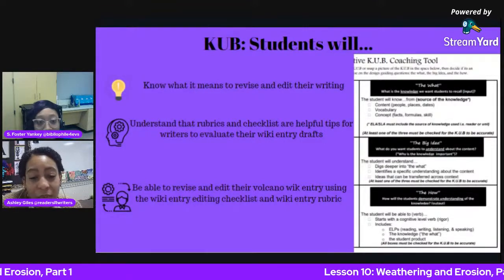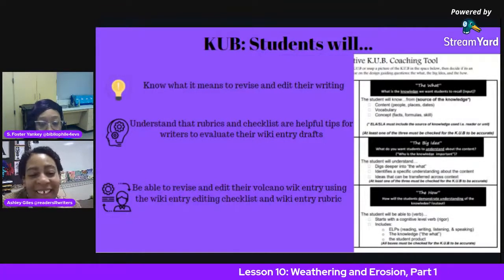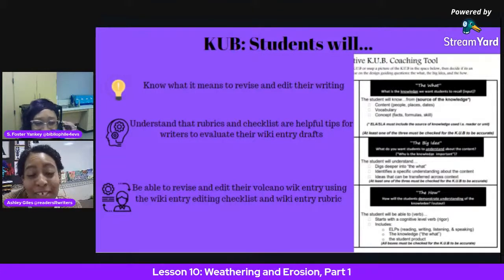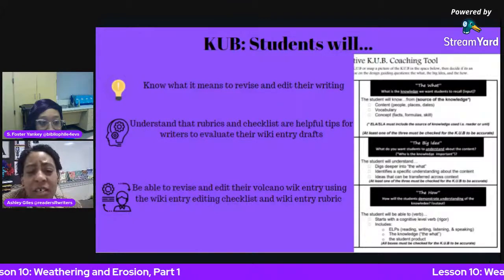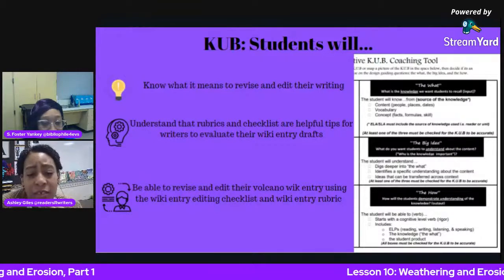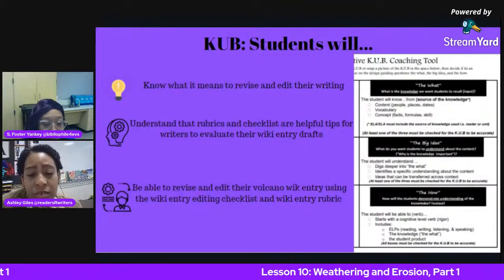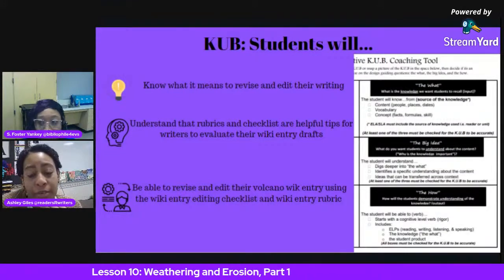Why do you need to know what revising and editing are? Because good writers go through the process of improving their papers.